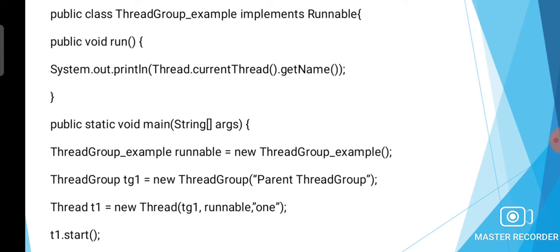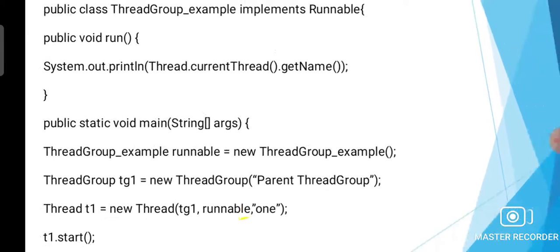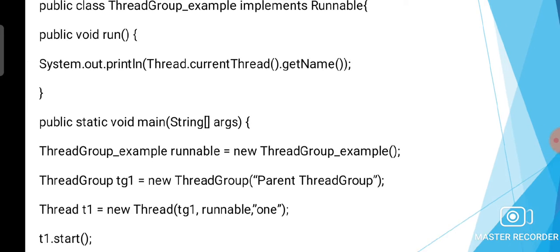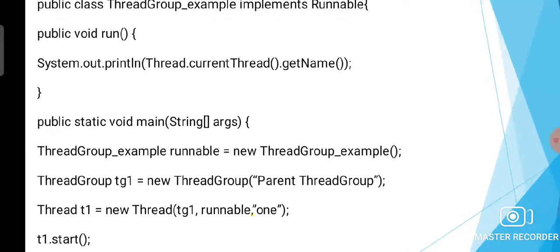Next, we are creating the individual threads. First of all, we are creating one thread. We all know we create the thread object from the class Thread. Thread is the built-in class from which we can create the threads. So first of all, we are creating one thread with the object name t1, and while creating the thread object, we have to give some values.